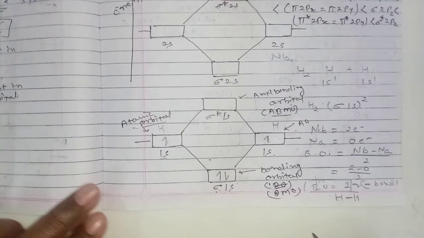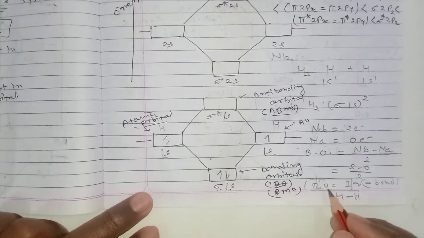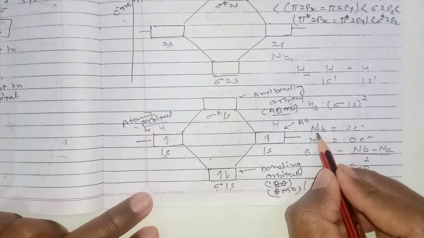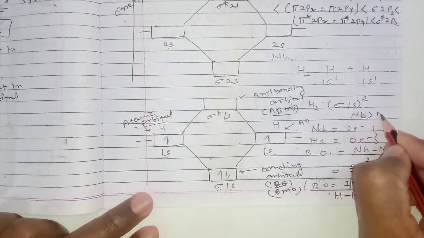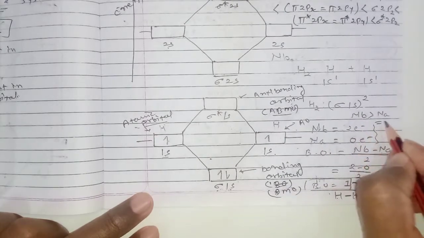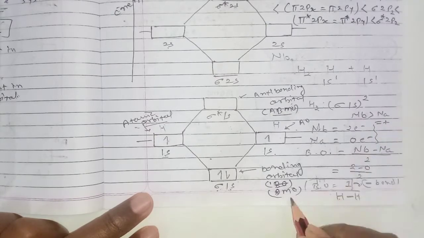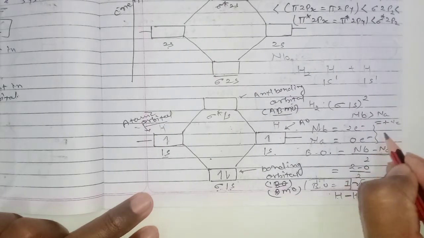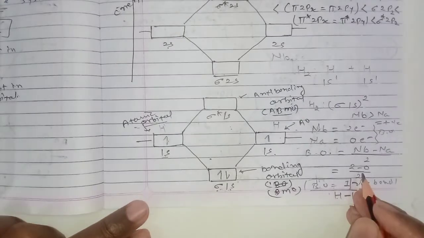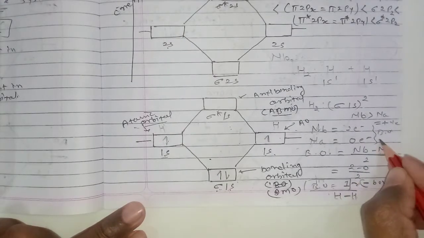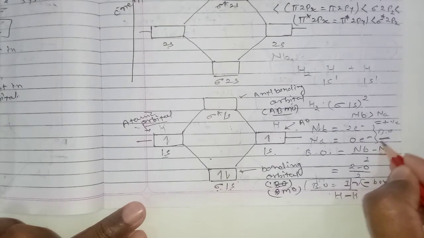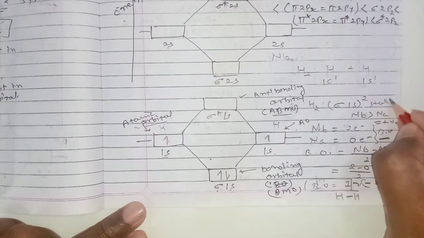And the second thing is, Nb is greater than Na, so it is a positive bond order, and the molecule is a stable molecule.